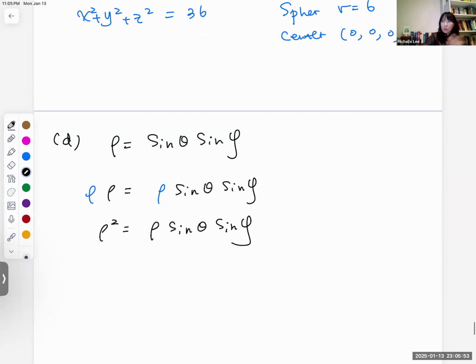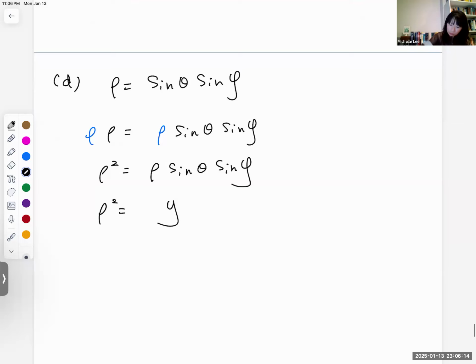So this one comes from one of the formulas. So that is rho squared equal to y. This is from spherical to the rectangular coordinate, right? So let me write down a note. y equal to rho sine theta sine phi.